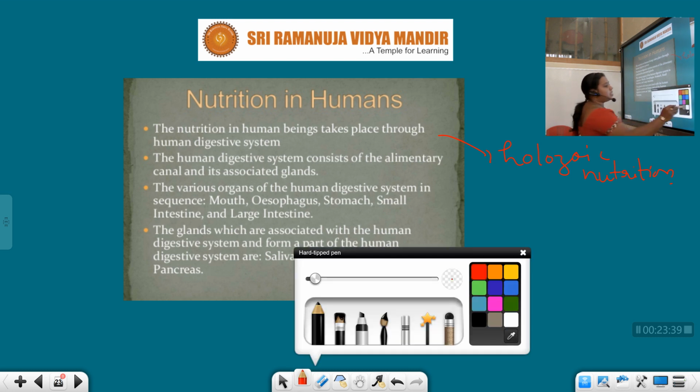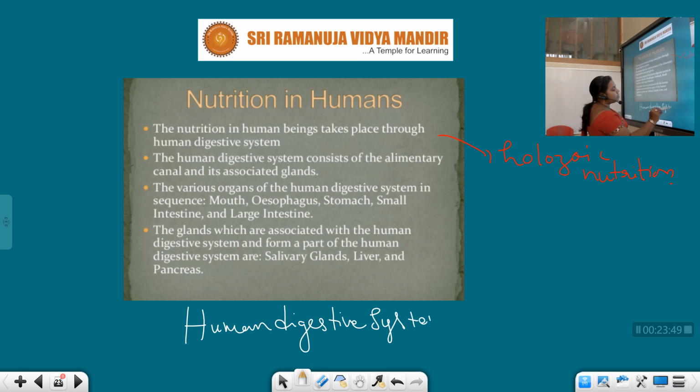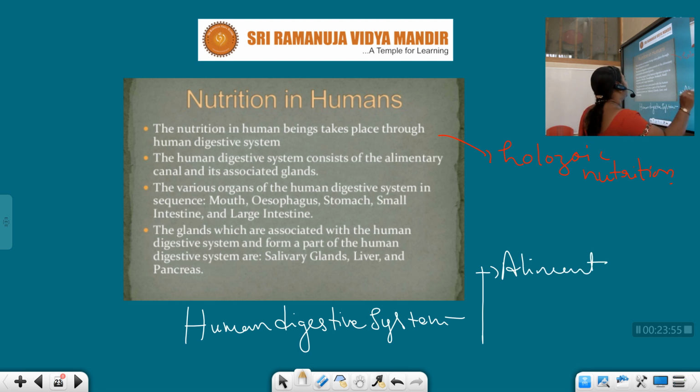Here, see children, the human digestive system. The human digestive system consists of 2 things basically. What are those? Alimentary canal.